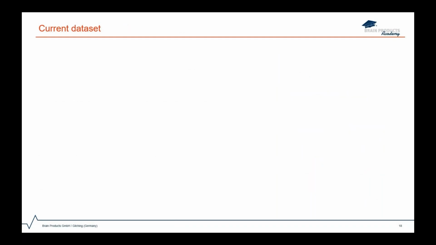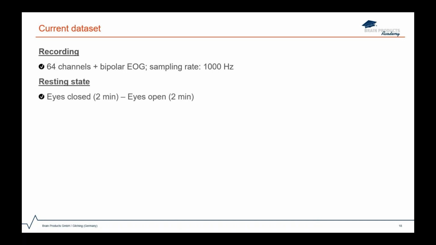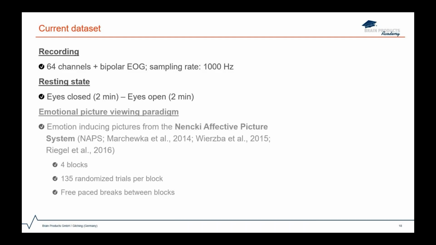I would like to introduce the dataset that we are going to use for the examples. This is a recording with 64 channels plus a bipolar EOG recorded at a sampling rate of 1000 Hertz. The recording consists at first of a resting state with eyes closed 2 minutes and eyes open 2 minutes.